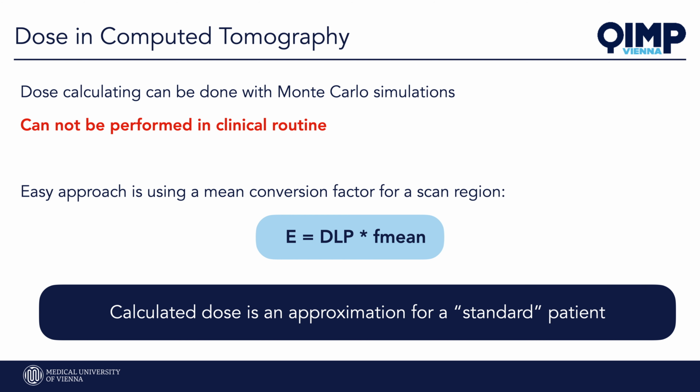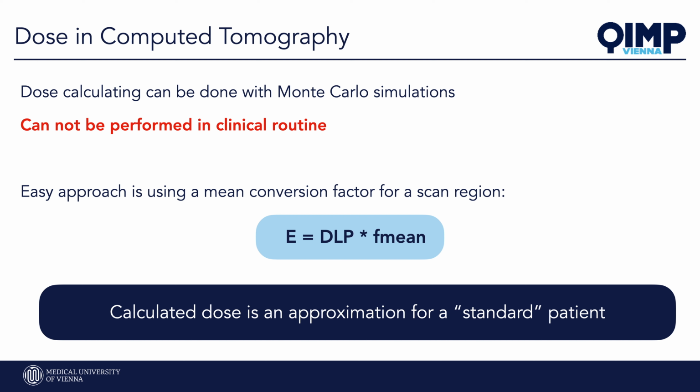But how do we calculate dose in computed tomography? In comparison with PET imaging, calculating the dose in computed tomography is a bit more challenging. The dose calculation can be done with Monte Carlo simulations, but cannot be performed in clinical routine. So the dose estimation in practice is a slice-dependent conversion factor from Monte Carlo simulation of a standard patient.